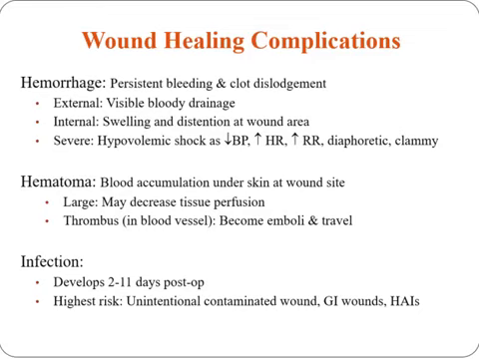There's no great tissue perfusion to hematoma areas. Thrombosis, which is clot formation, and those clots can actually embolize or travel to other parts of the body and wreak havoc. Another complication, of course, is infection.